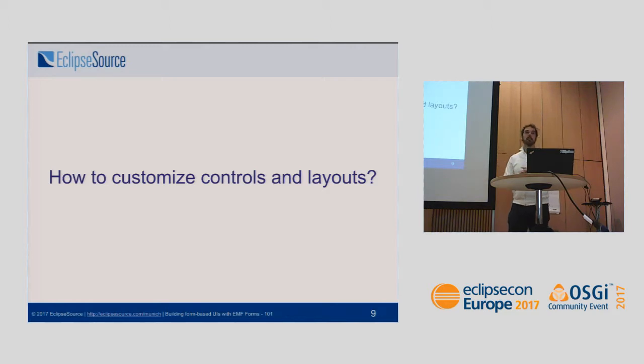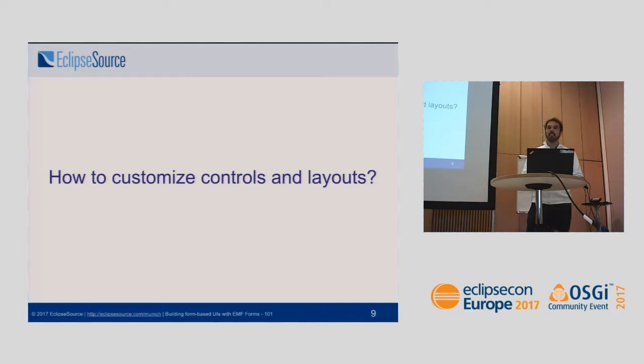As another example, instead of just modifying plain strings, you might have hex values in your domain model. So you might need a hex string editor, which only accepts A to F and 1 to 0. Now, the comment that we often get is, I would like to use EMF Forms, but I'm not happy with the default controls.